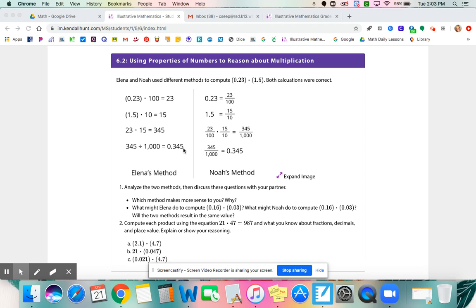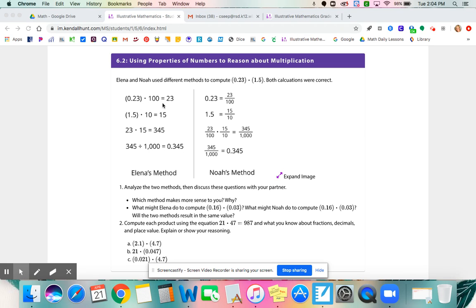got to that solution. So Elena decided that she wasn't going to work with decimal numbers. Her comfort is whole numbers. So she times 0.23 or 23 hundredths by 100. And so we've been seeing that if we multiply numbers by 10 and 100, the amount of zeros tell me how many times this gets moved to the right.